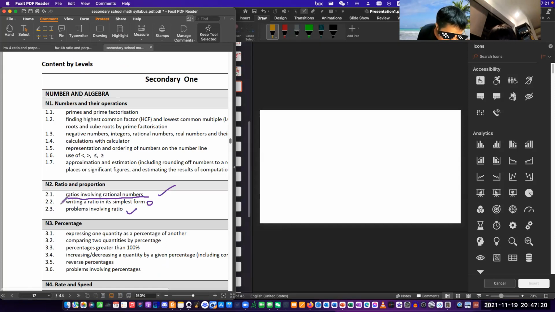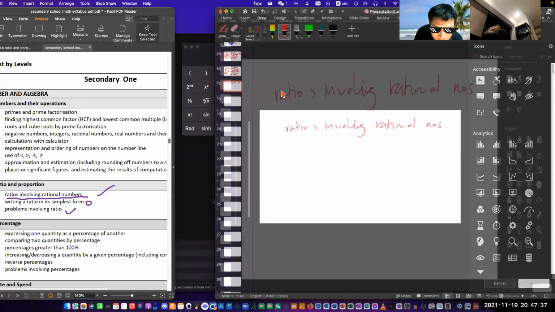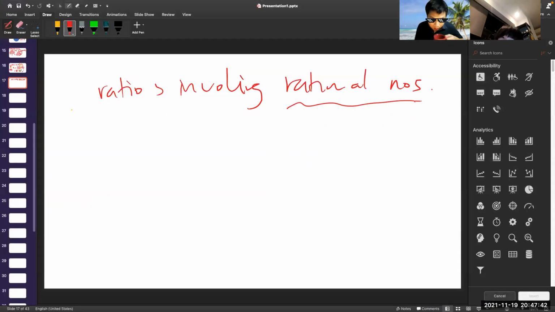Okay, I want to focus on ratios involving rational numbers. I want to focus on this 2.1. Ratios involving rational numbers. Okay, can you answer me? Can you give me some examples of rational numbers?